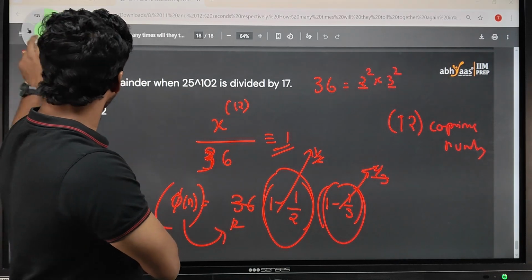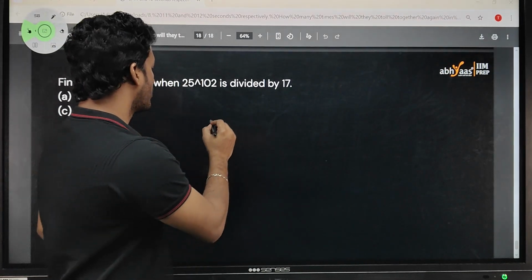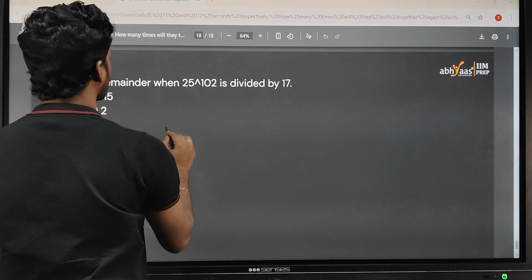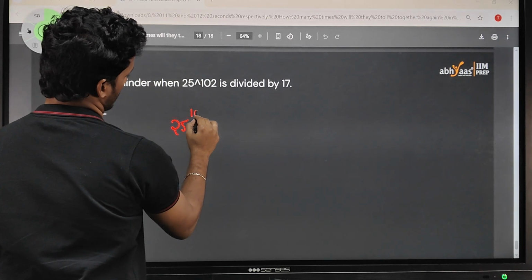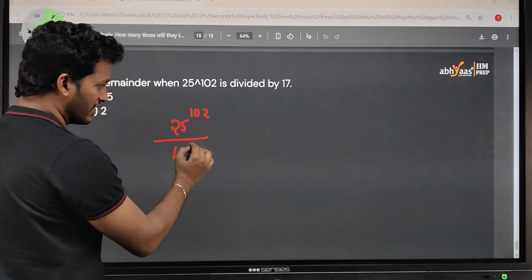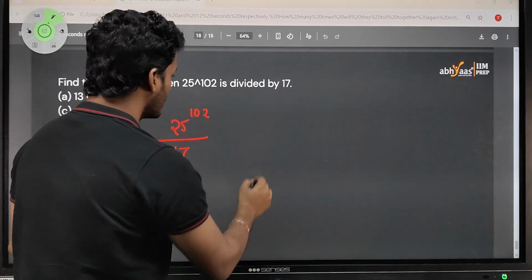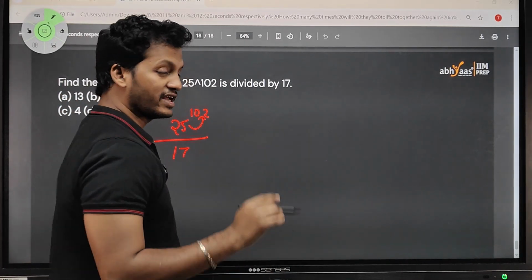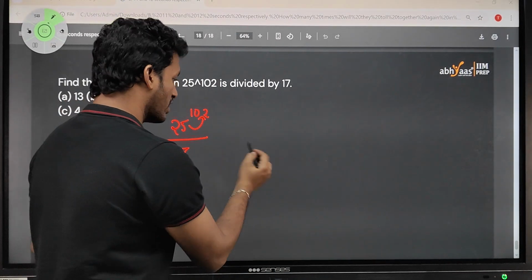Can we apply that here? 25 power 102 divided by 17. It will leave remainder 1 only when the power of 25 is the totient. What is the totient?